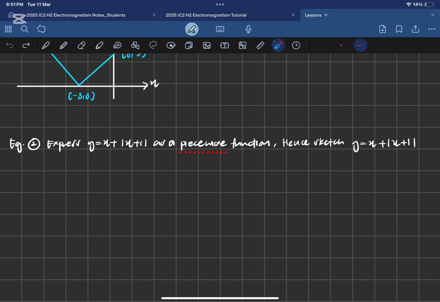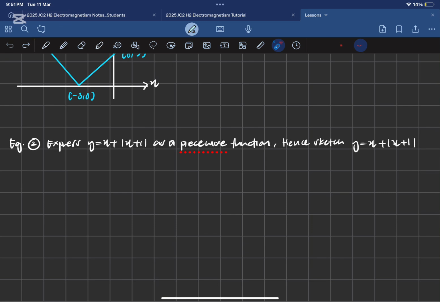Next one, to convert a parametric equation to Cartesian form. You just need to make your variable, t in this case, the subject.